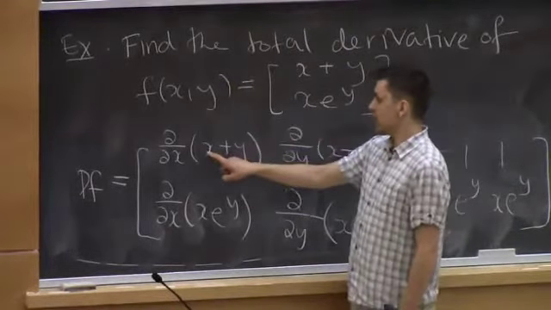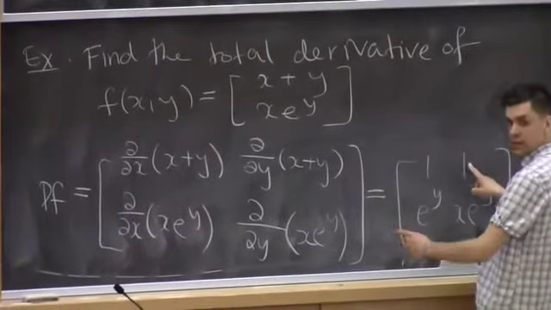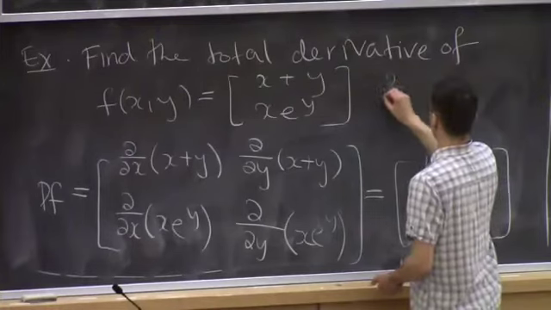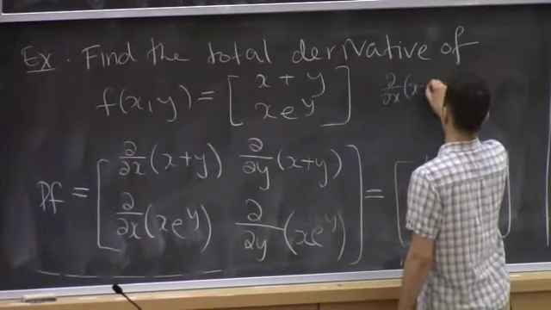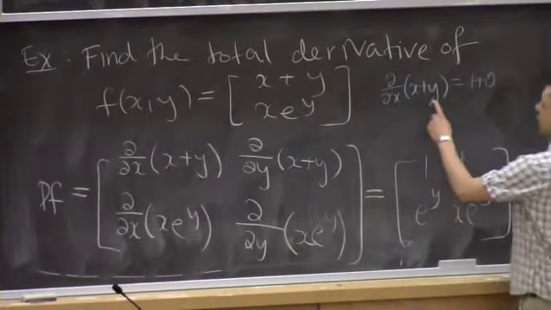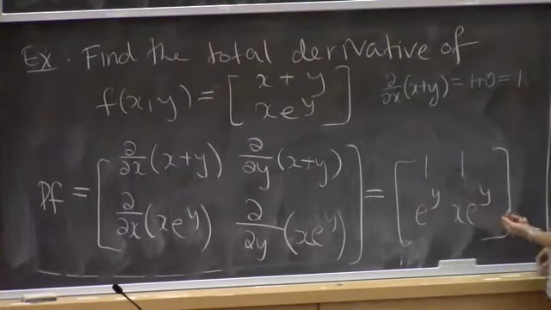So the derivative of x is just 1. The derivative of y is just 1. Okay? So let's just spell out, right? Y doesn't depend on x, so I get 1 plus 0, which is 1.